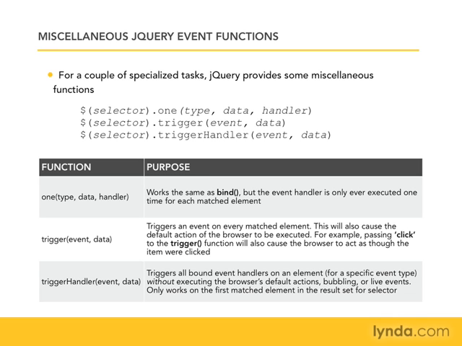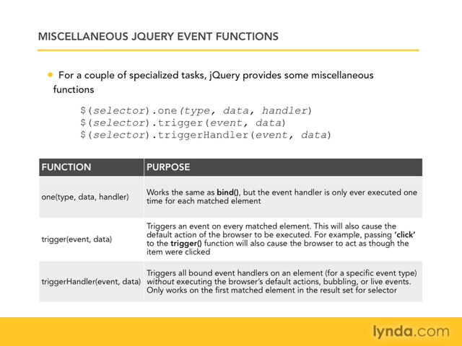So for example, if you trigger the click event on a link, then not only will the event fire off from within your code, but the browser will act as though the item were clicked on. Now the trigger handler is similar. It does the same thing. It triggers the event handlers, but it does it without having the browser go off and act as though the event actually happened. And this only works on the first matched element in the result set for a selector.